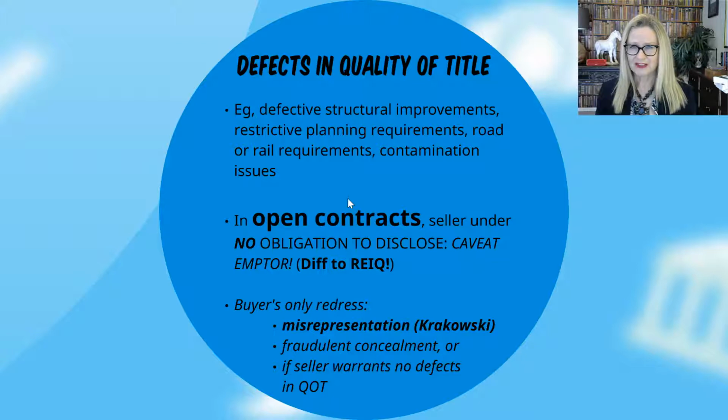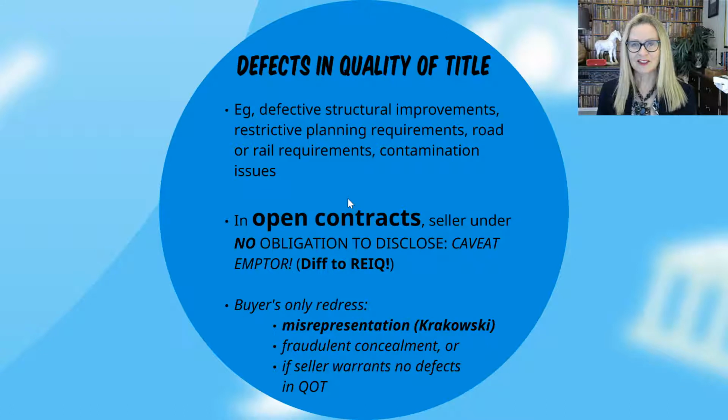You don't get that very often. The most reliable way to try and help a client out in these situations, a buyer client, is trying to fossick through the factual matrix and see if you can find some kind of misrepresentation.